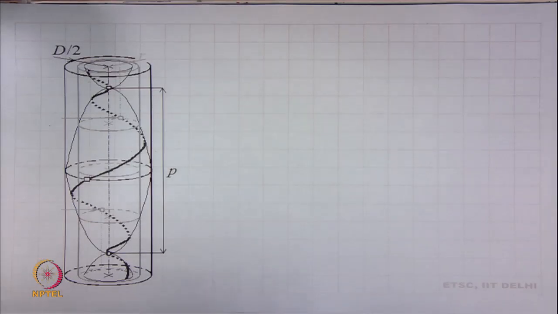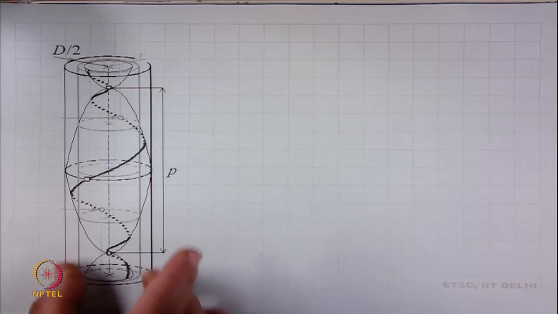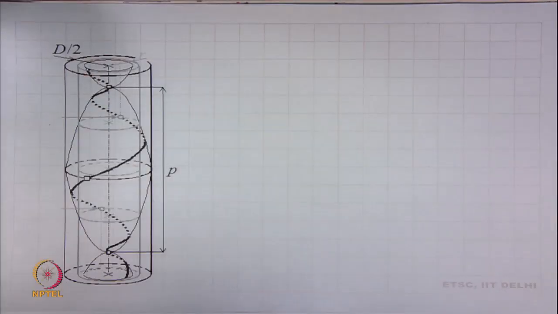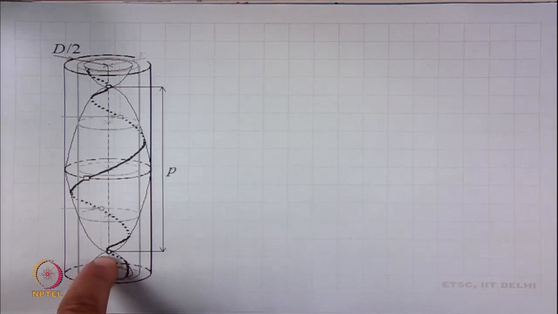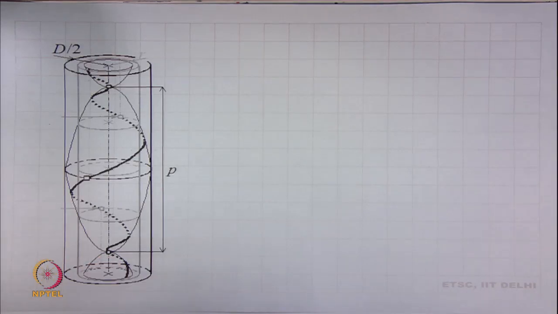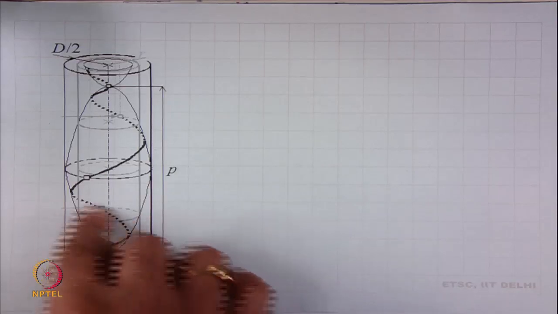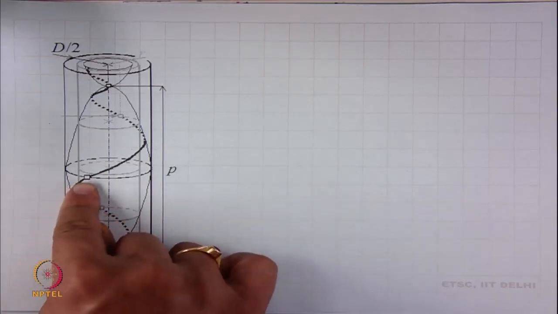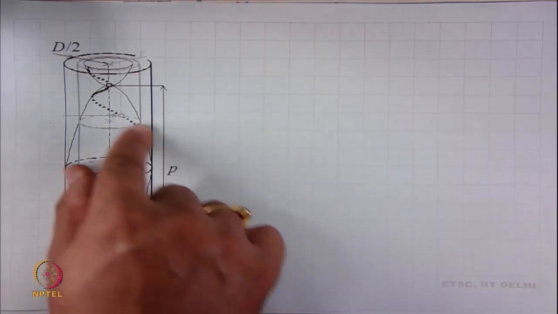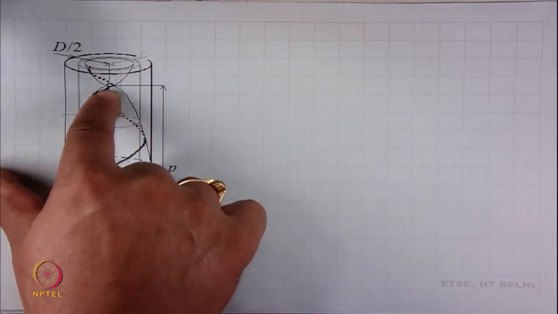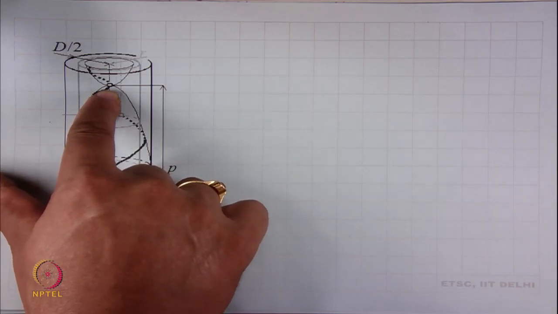What you see is that a fiber, and this is a cylindrical body, diameter is d. Now, this fiber starts from here, it intersects the center at this point, then it goes outside the yarn, it touches the surface here, then again it goes inside the yarn, it touches the center here, then it goes here.